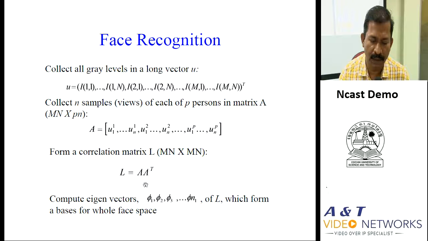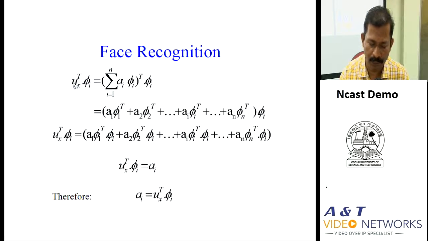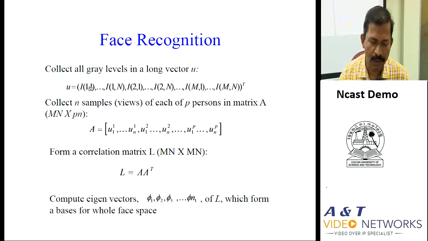So let us say we have a long vector u, and these are the intensity values basically. So this is the first pixel intensity I11 up to INN.